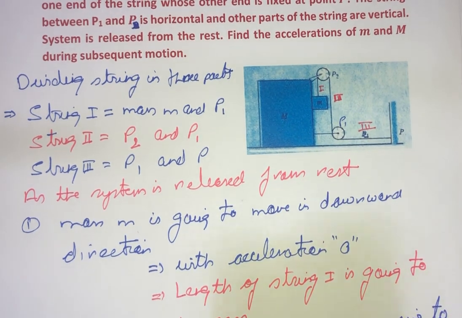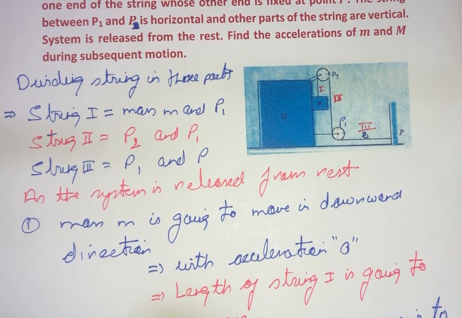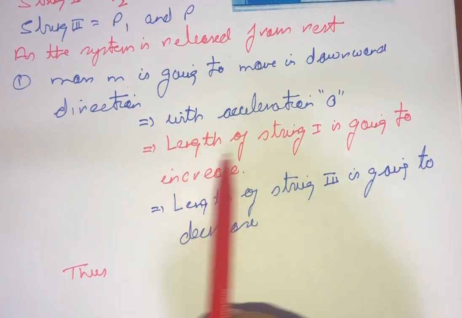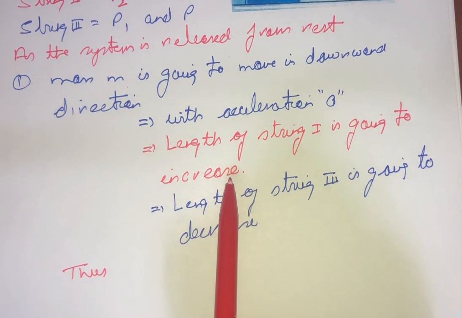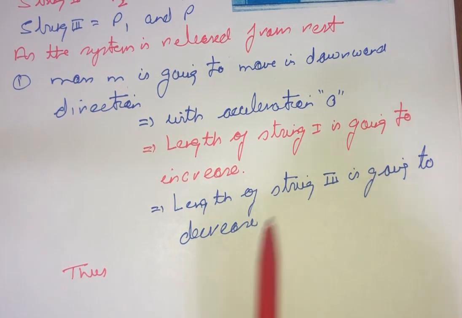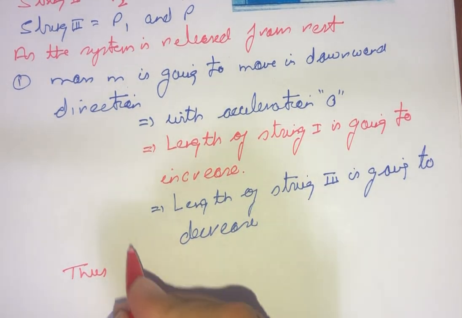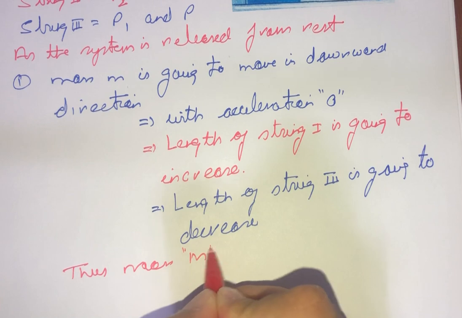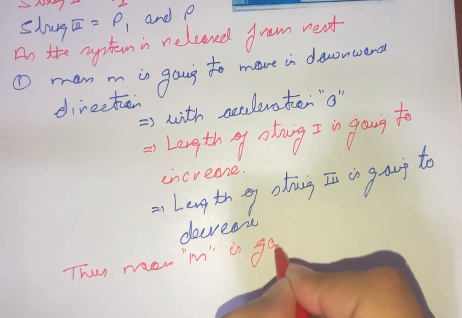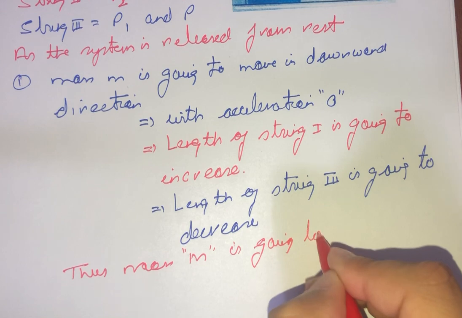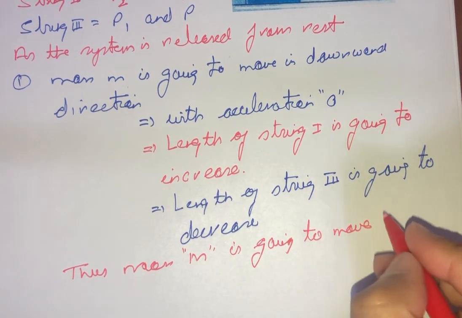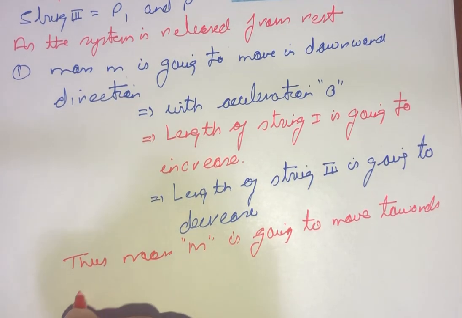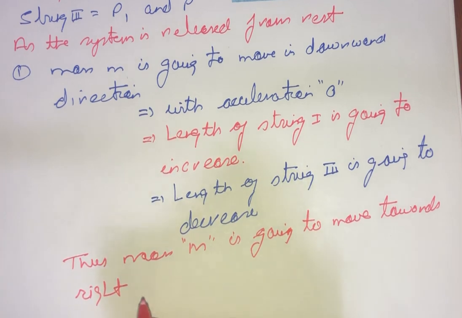Thus the length of string 1 is going to increase and the length of string 3 is going to decrease. Thus the mass capital M is going to move towards the right.